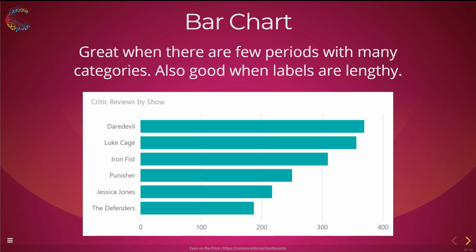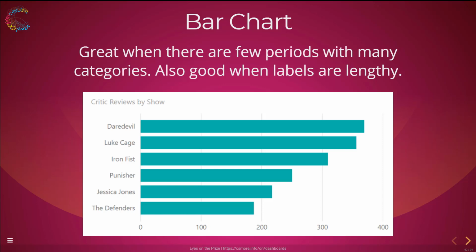So then you tilt your head, try to tilt it 90 degrees, but it's really hard to get a 90-degree tilt, by the way. So it's just difficult to read when you could, as a designer, rotate it 90 degrees yourself and make it so that people who read left to right, top to bottom, can read left to right, top to bottom. So here I have critic reviews by show.